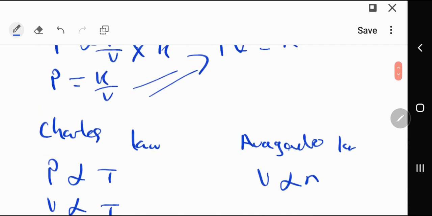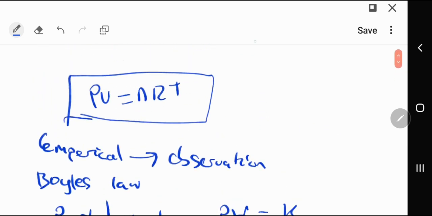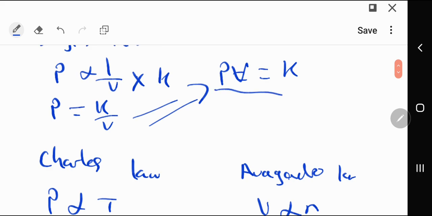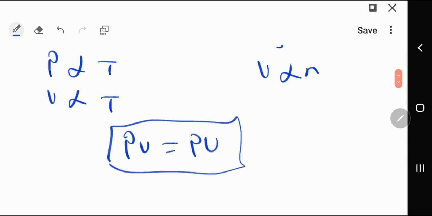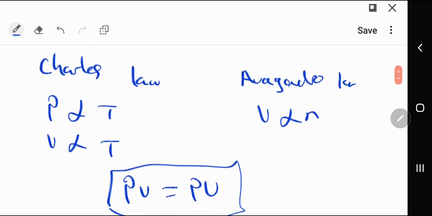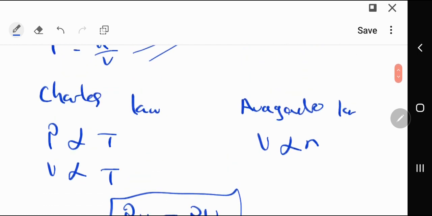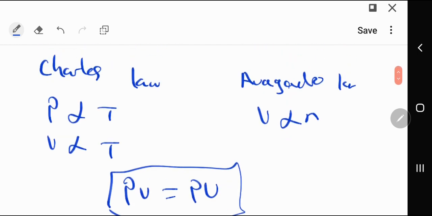Okay, so now how do we get to this ideal gas equation? Well, we use Boyle's law, PV is equal to K, and recognize PV is always equal to PV no matter what circumstance. This is always the case, it's a mathematical fact. Two things that are identical are equal. So how do I get this?